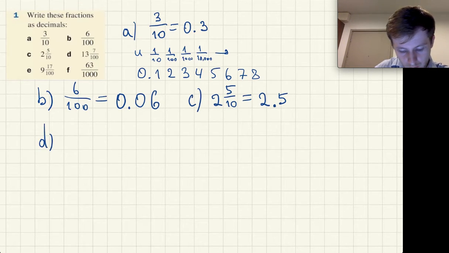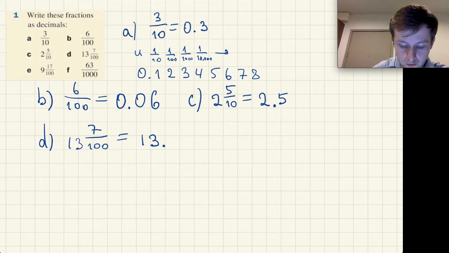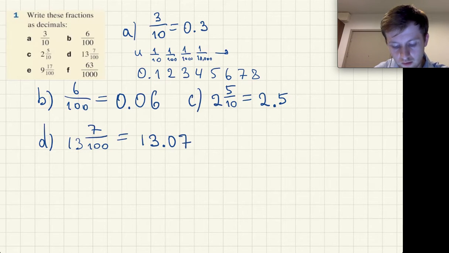In D we have 13 and 7 hundredths. By analogy with B, we can write this as 13 point, then 0 tenths, so we just leave 0 here, and 7 hundredths.